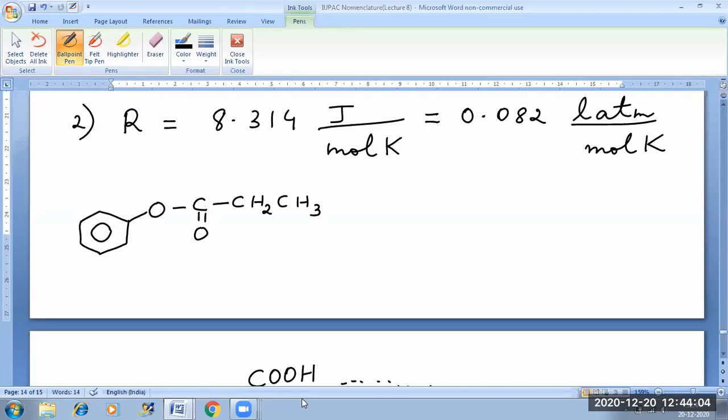Why? Because the main straight chain contains the functional group directly attached to the benzene ring. So benzene will act as a substituent here. Why? Because the carbon of ester, this is the carbon of ester, is not directly attached to the benzene ring. So this entire thing will become a substituent.